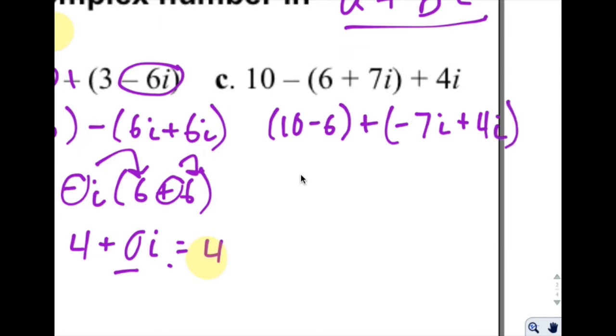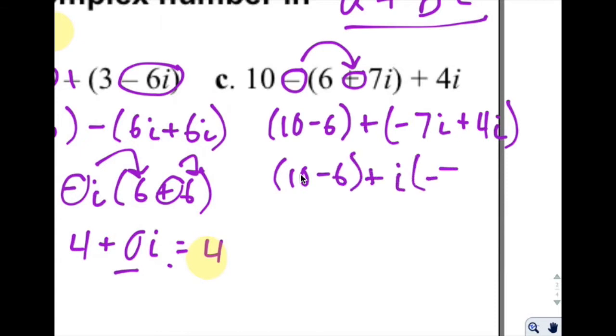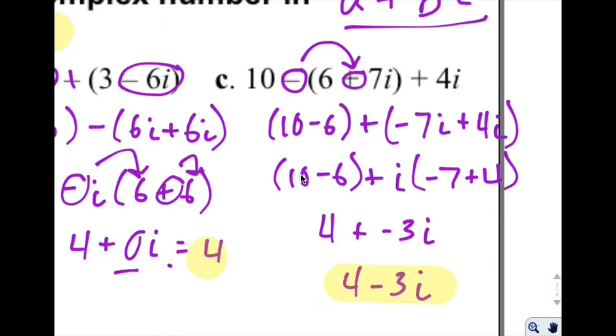And now I wrote the negative because I have this minus over here, so I need to move it into my inner term. Then I can factor out that i again, 10 minus 6 plus i times negative 7 plus 4. 10 minus 6 is 4 plus negative 3i, or just 4 minus 3i. This is going to work for your solution on that one.